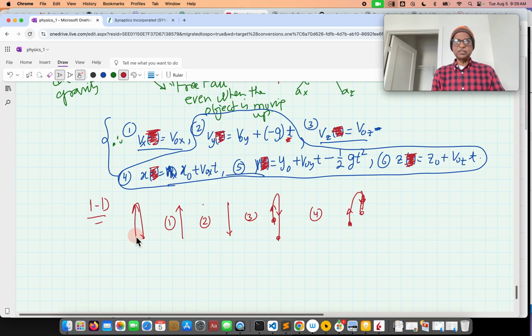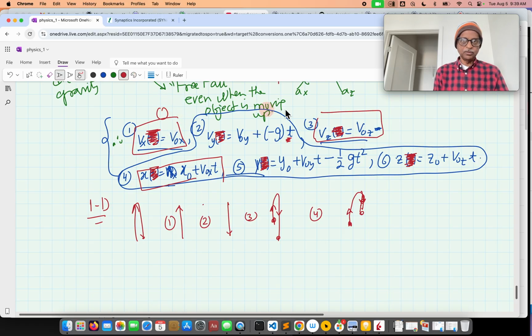So all these possible interesting scenarios, you can get just vertical motion. Of course, in the present case, this is all 0, this is all 0, this is all 0, this is all 0.